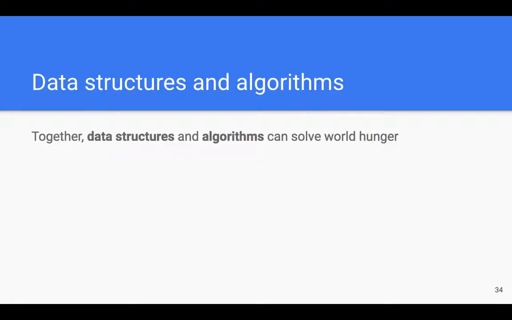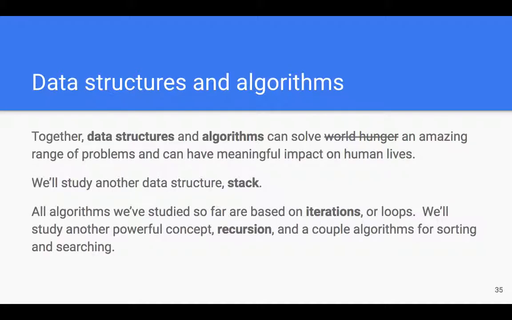Okay, so together, data structures and algorithms are really powerful. They can do a lot of things. They can solve world hunger, or not. Just kidding about that. I wish it could solve world hunger. But other than that, they can solve an amazing range of problems, and they can have very meaningful impact on our lives.